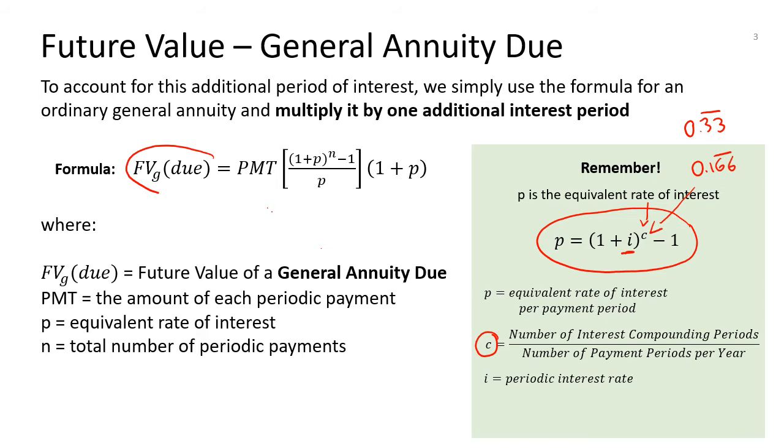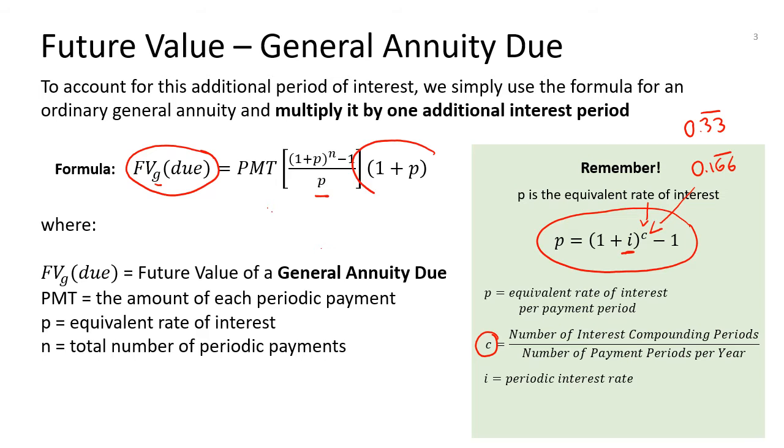The future value, and again, I use the term G for a general annuity as a subscript, and in brackets I write due, so you know it's a general annuity due. That's equal to the payment times 1 plus p, your equivalent interest rate, to the exponent n, minus 1, where n is your total number of payment periods, divided by that same equivalent interest rate p.